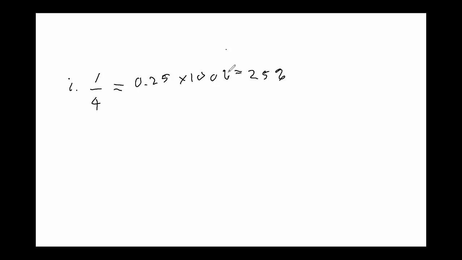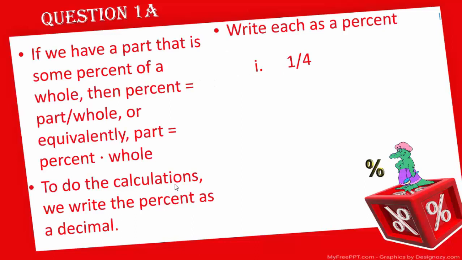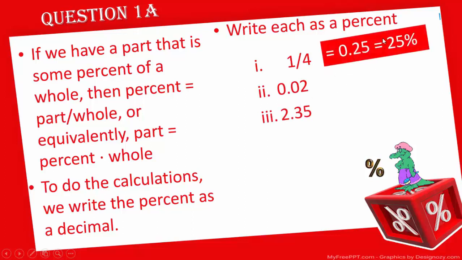Now remember, you have to put the 100%. We can't just put the 0.25 because the percent is a percent. So coming back here to the PowerPoint, we're just going to fill in the answer that we found on the whiteboard. And here we have it. Right here, the 0.25, and we found that 1/4 is equal to 0.25, which is equal to 25%.